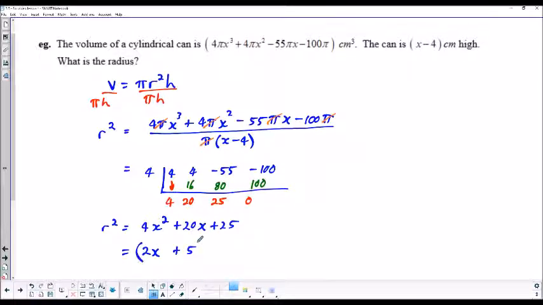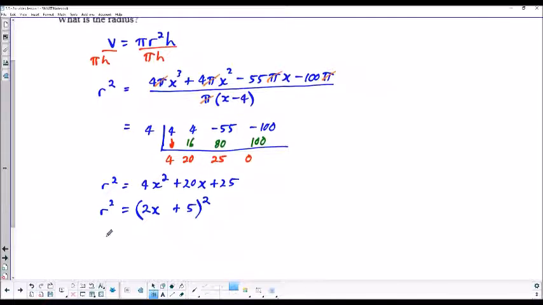So this is indeed a perfect square trinomial. So r squared is 2x plus 5, all squared. Take the square root of both sides, so r is 2x plus 5. Okay, so the radius of this cylindrical can is 2x plus 5 centimeters.